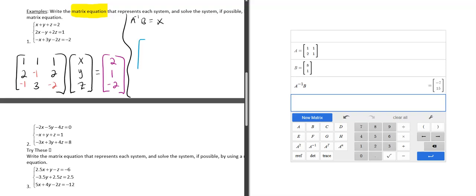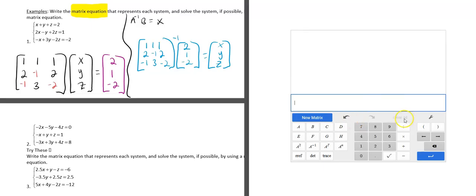So we're going to say we want the inverse of A times our variable equals our column matrix, okay?